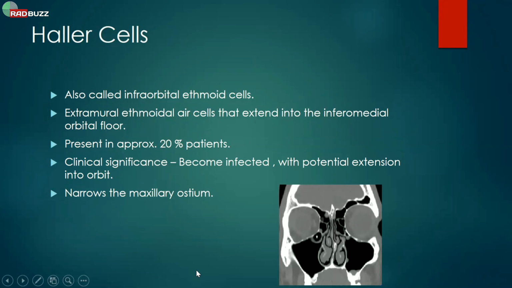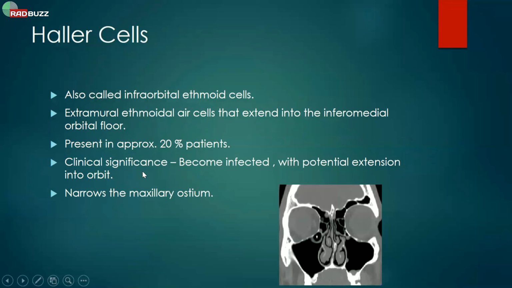Haller cells, these are important. These are also called infraorbital ethmoid cells. They are present just below the orbit. This one with the star. This is an extramural ethmoidal cell extending to the medial part of the orbital floor. It is present in approximately 20% of patients.